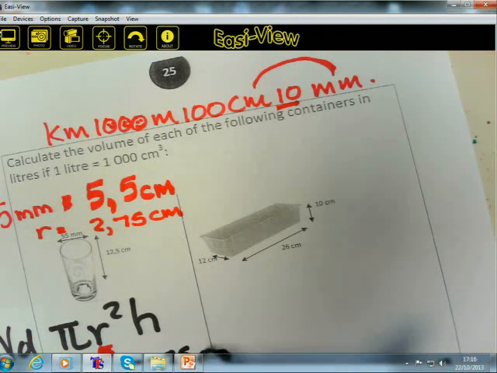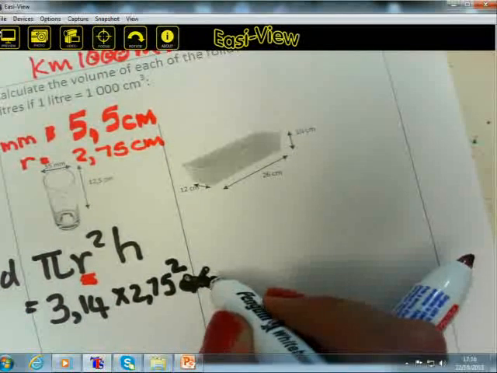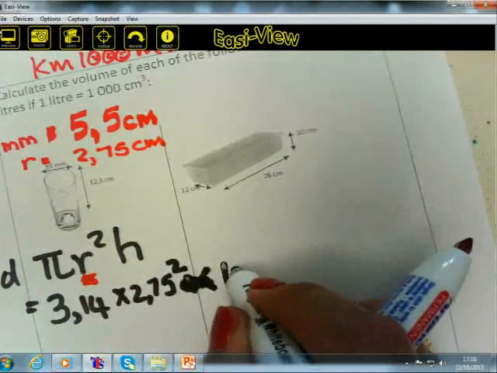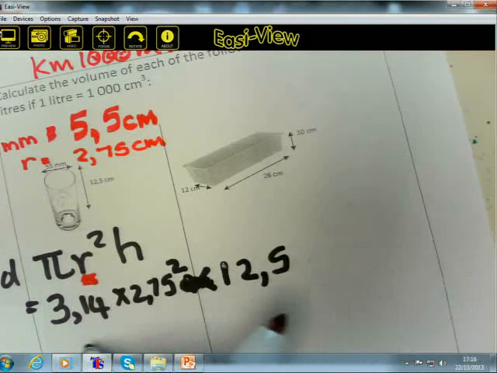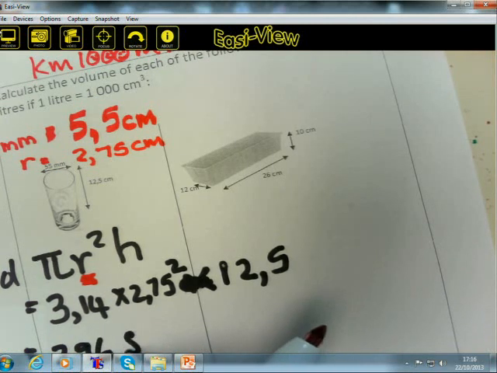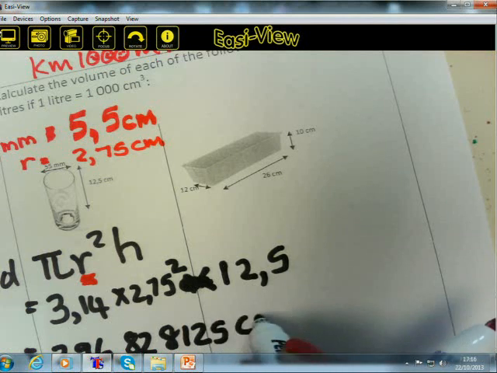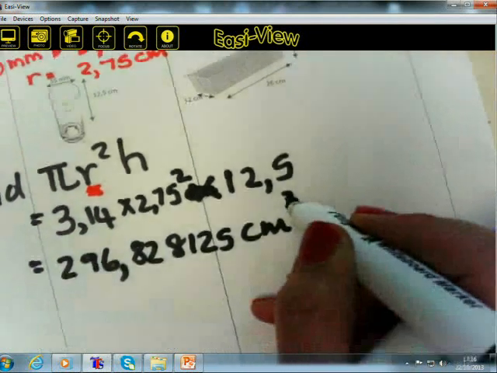Square times the height of this cylinder, which is 12,5, and the answer there is 296,828125 centimeters to the power of 3.